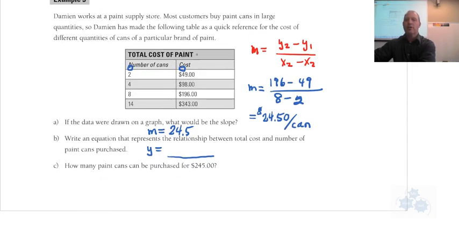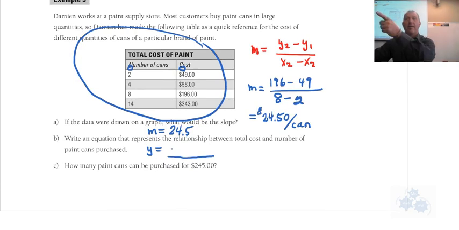What's the equation for finding cost of cans for this question? Y equals mx. Tell me more. It's not the final answer. Equals 24.5x. Thank you. Okay, that's what I'm looking for. Good job. So if you're writing an equation for a certain situation, you have to fill in some values. The only value we can fill in is the slope here.